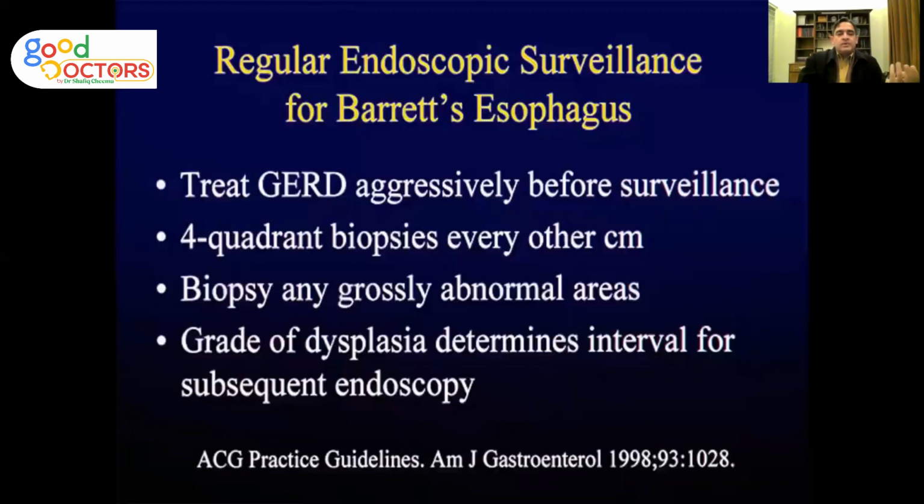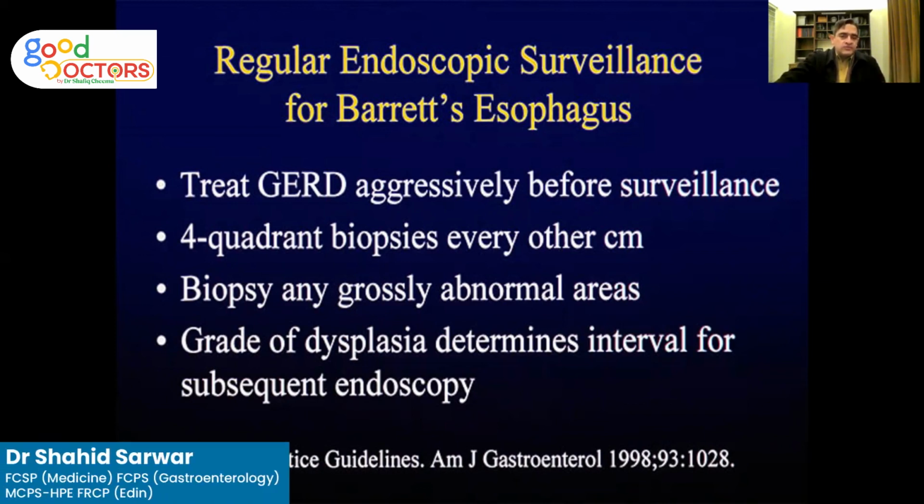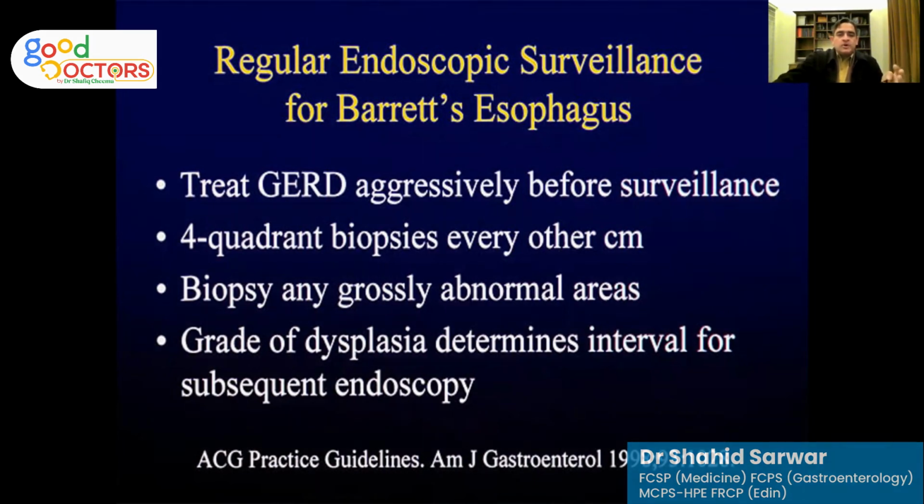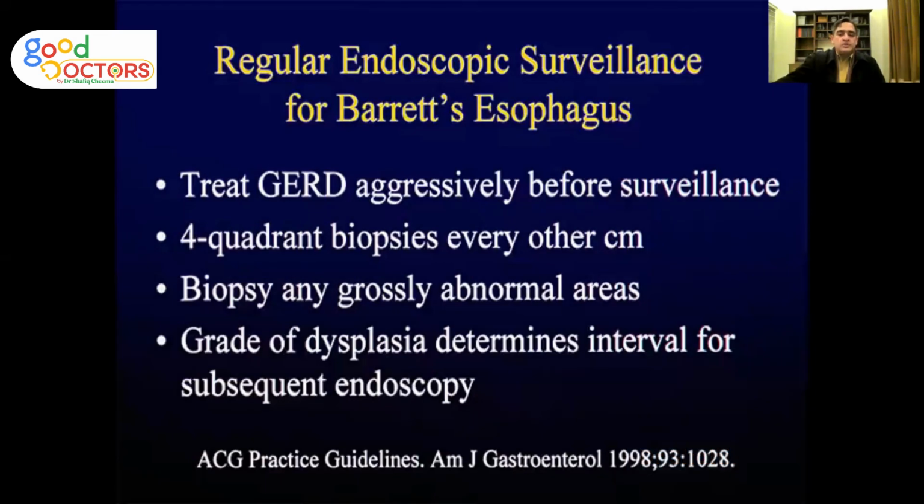So how do we identify dysplasia early? If somebody has gastroesophageal reflux disease, we need to have an endoscopy if the duration of symptoms is more than 5 years. You will always take biopsies from all 4 quadrants, and if there is any abnormal area, you are going to biopsy that as well.